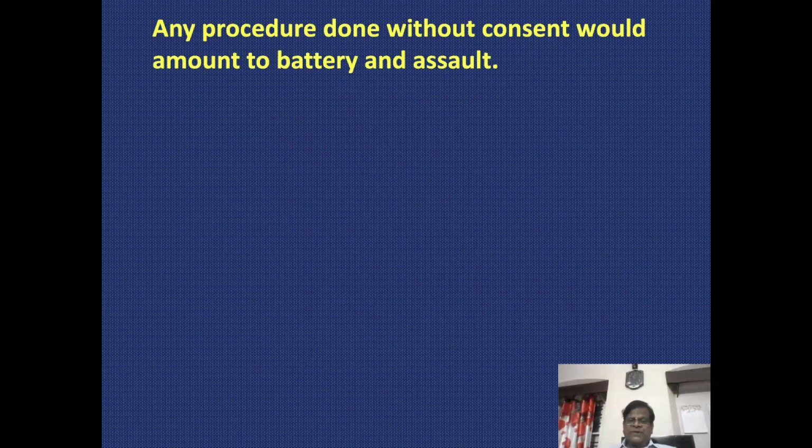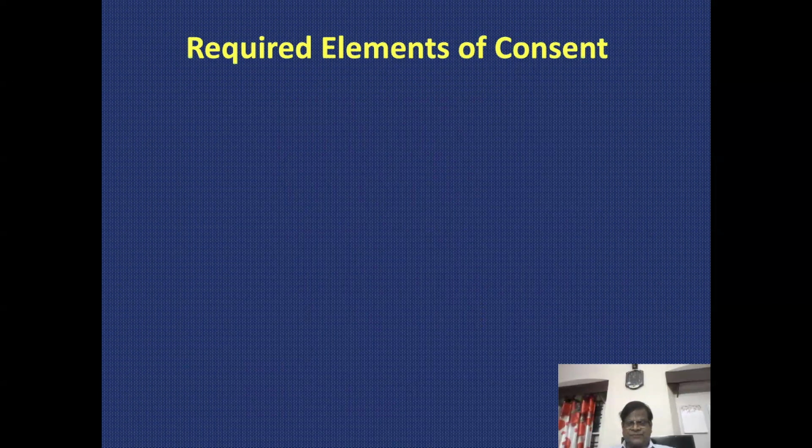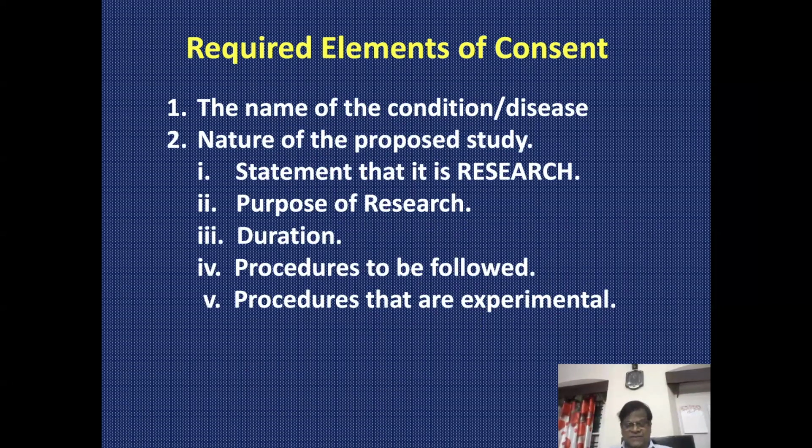Any procedure done without consent amounts to battery or assault. Any procedure on a person should not be done without consent, informed consent. The required elements of the consent: the name of the condition or disease should be told, that you are studying such and such a disease, and that what the person is undergoing is research and not treatment.